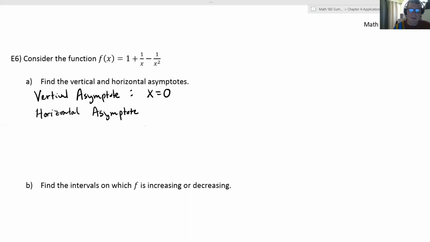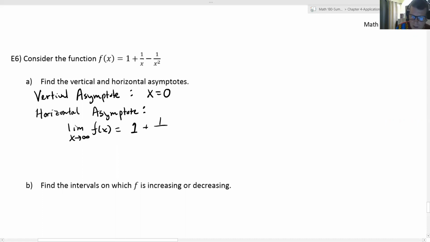All right. So this one is going to be the limit as x approaches infinity of f of x. That's 1 plus, this is basically 1 over infinity minus 1 over infinity squared, which is just 1 plus 0 minus 0.